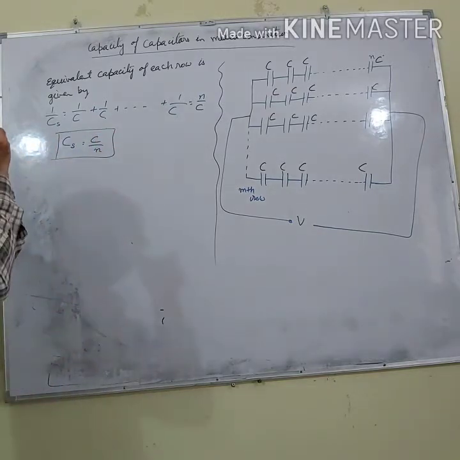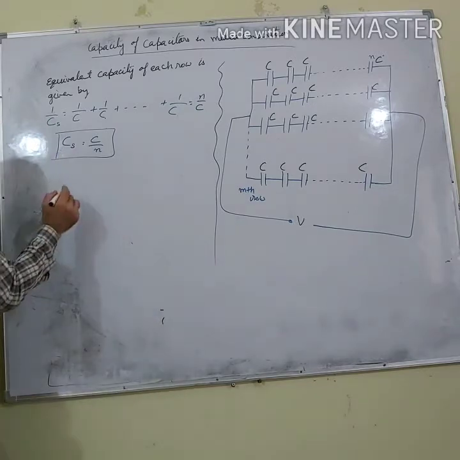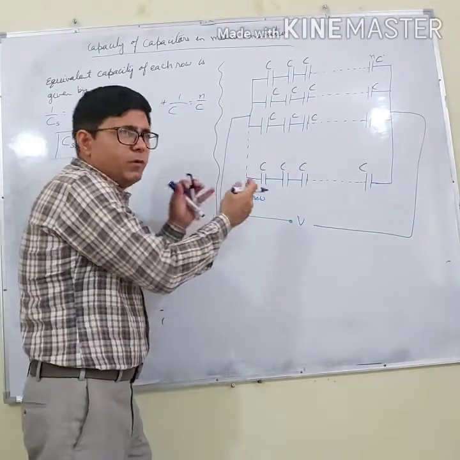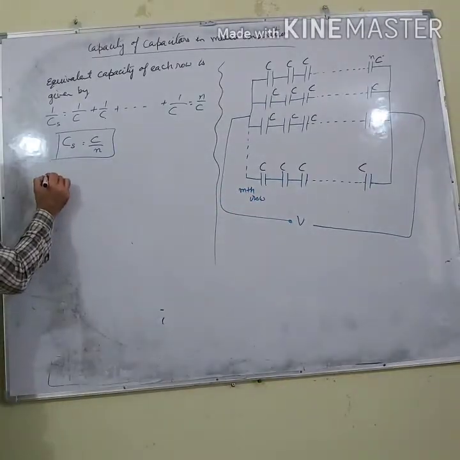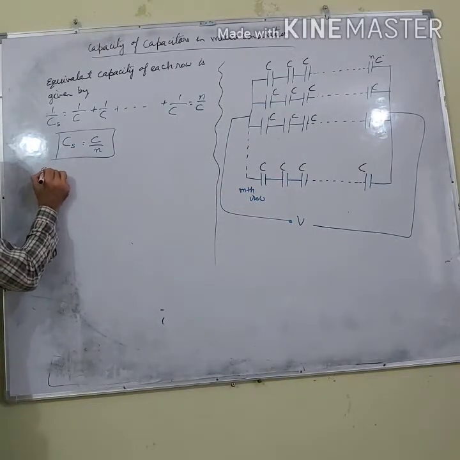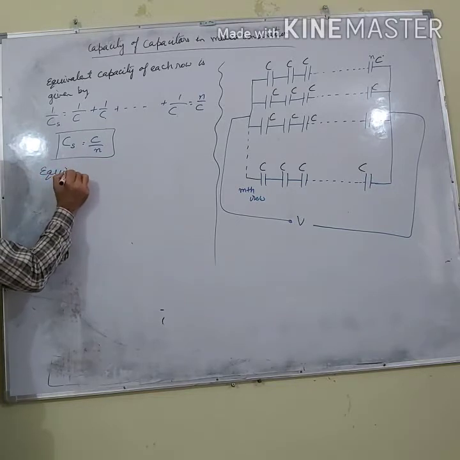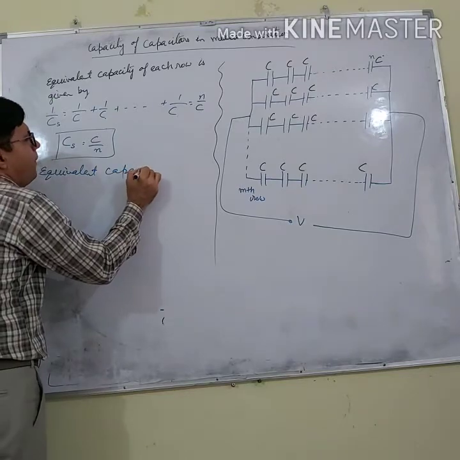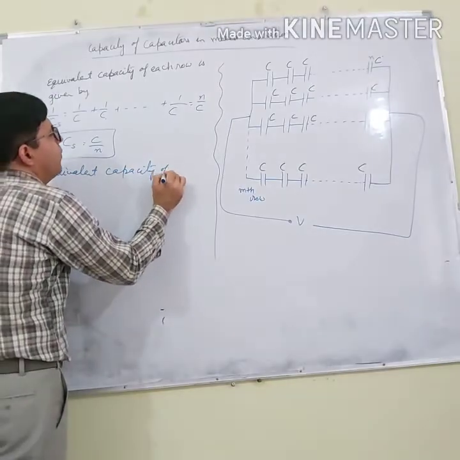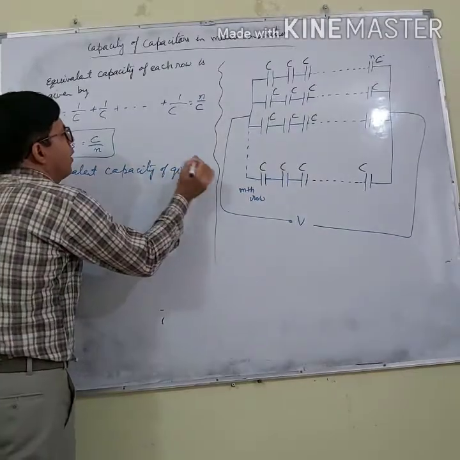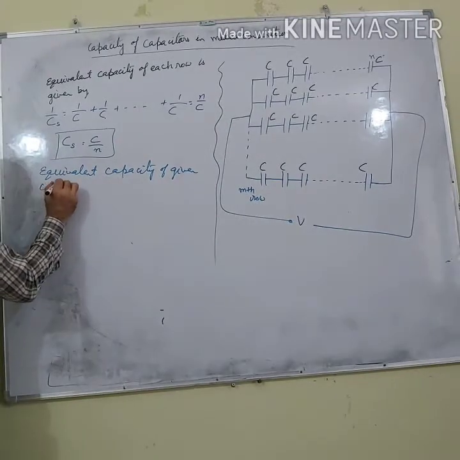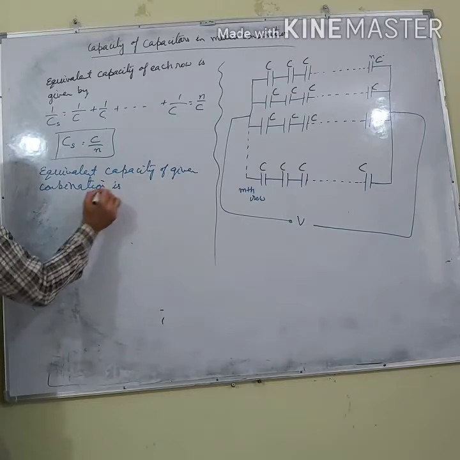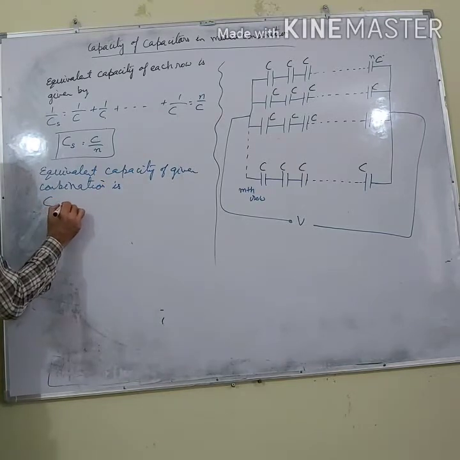Right? Now, how many rows am I having? I am having m rows. So the equivalent capacity of the given combination is Cp.